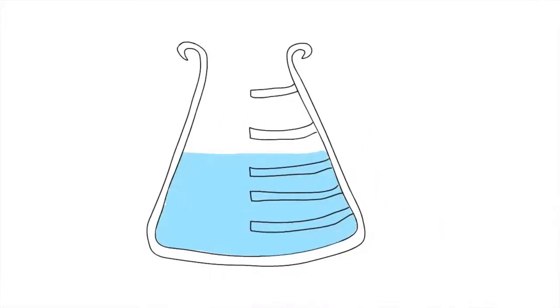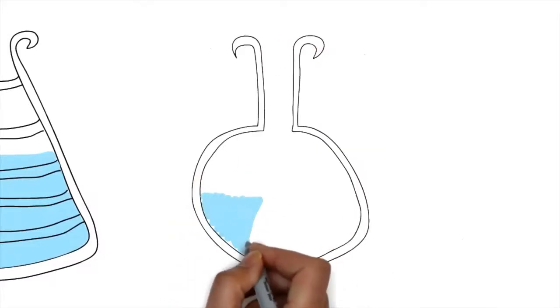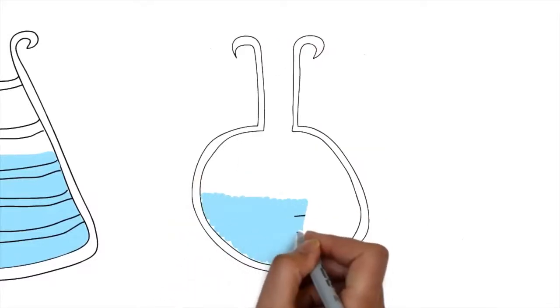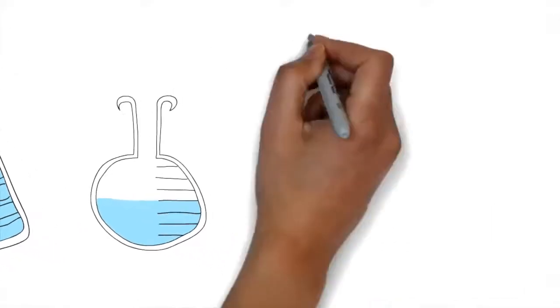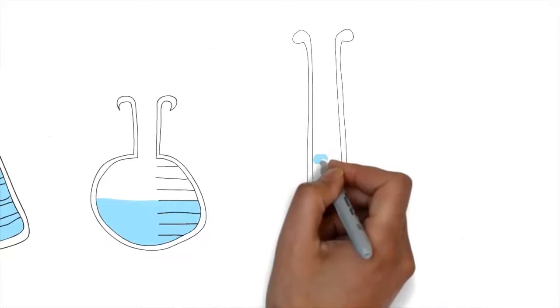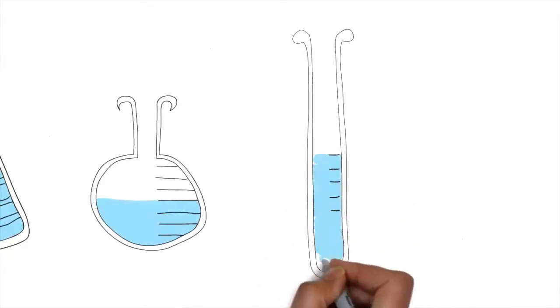It's through instruments like jars and tubes that have numbers and indications on them that tell us how much water or product is inside.